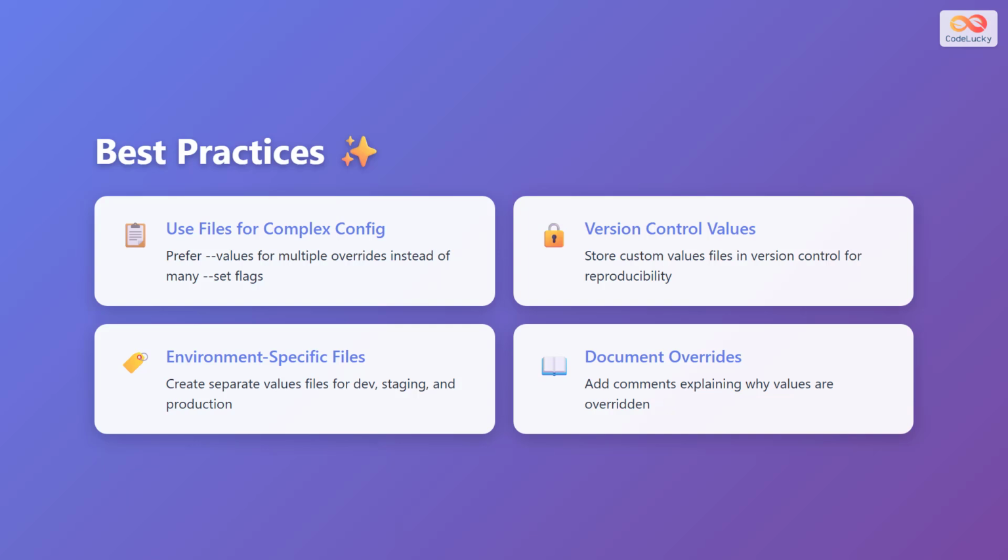Third, create environment-specific values files for development, staging, and production environments to maintain consistency while accommodating environment-specific needs. Finally, document your overrides by adding comments that explain why specific values were changed. These practices will help your team collaborate effectively and maintain clarity as your Kubernetes infrastructure grows in complexity.